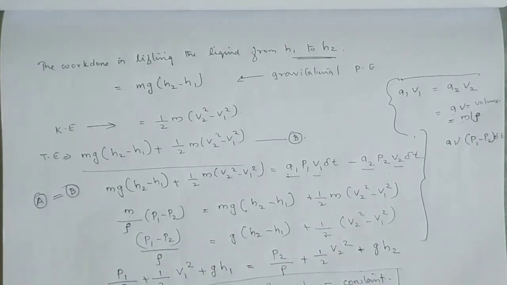This is the Bernoulli's equation. So the sum of the three energies, what are they? Pressure energy, this is the pressure energy, this is kinetic energy, this is potential energy.